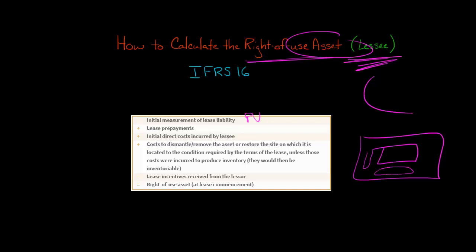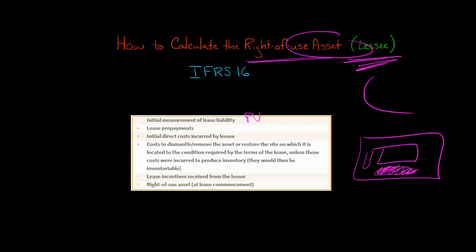Then when your lease is up, you are required to remove those and get those out of there, and restore the site to its original condition before you started leasing it. Those costs, that's what I'm talking about here. Those costs would increase your right-of-use asset, okay? So prepayments, initial direct costs, and any cost to dismantle or restore the site, remove equipment, all these costs are going to increase the right-of-use asset and get added to that lease liability.